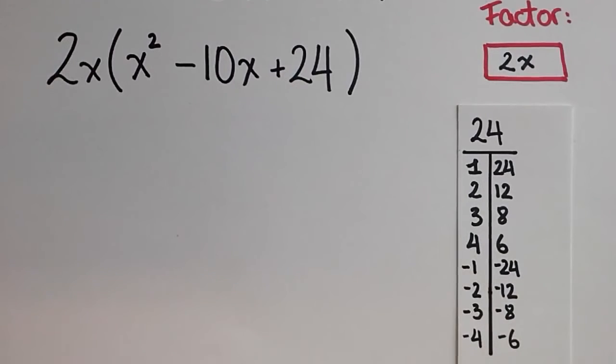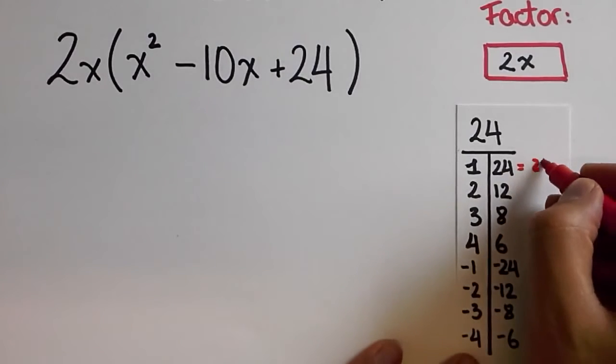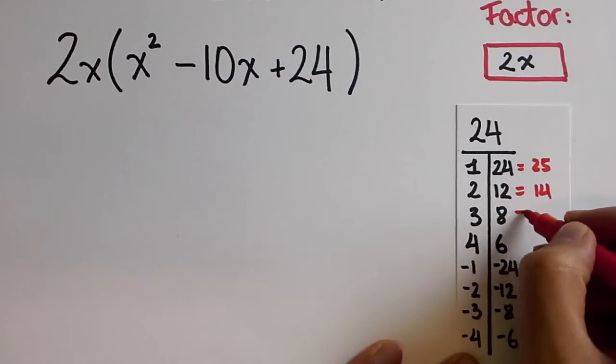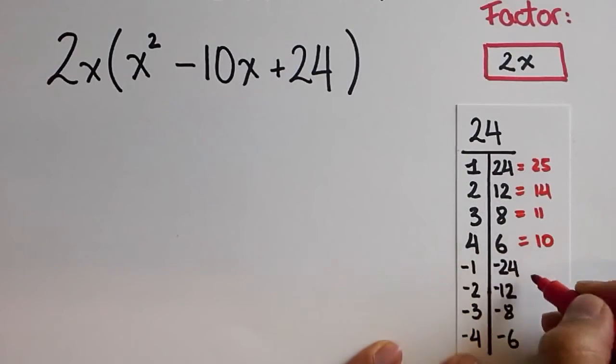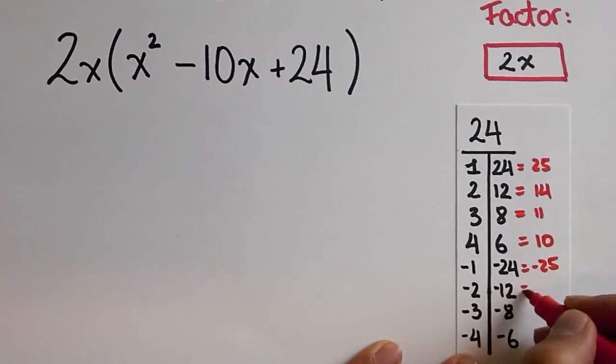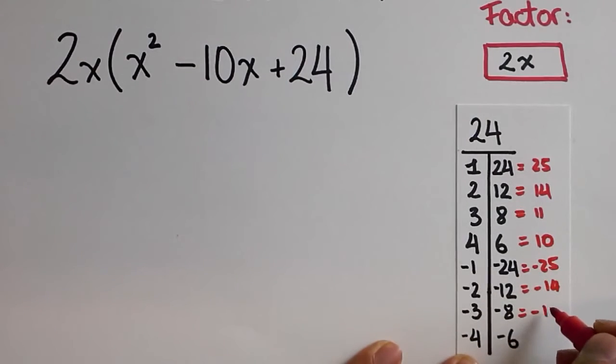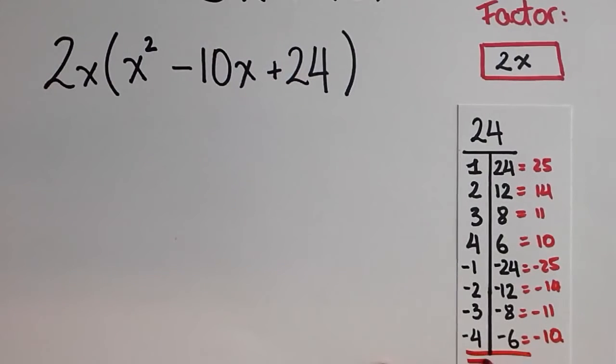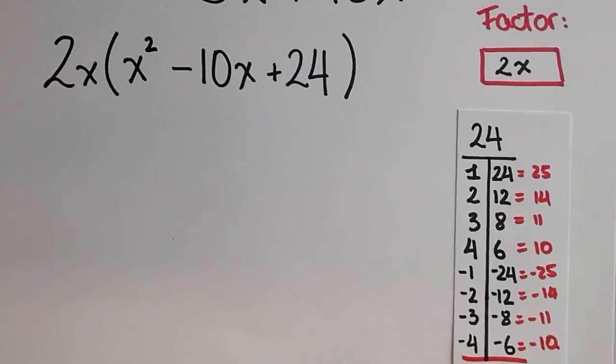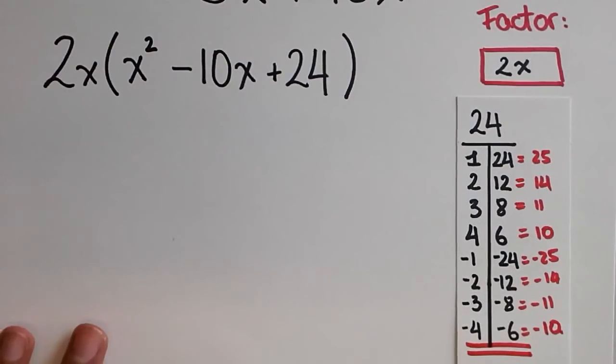I'm looking for the factors that added give me negative 10. So start adding guys here. 25, 14, 11, 10, negative 25, negative 14, negative 11, and finally negative 10. So that means that these two are the factors that I want to use in my 2 parentheses.